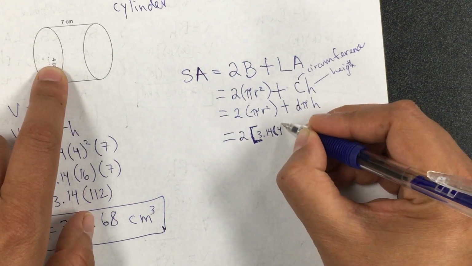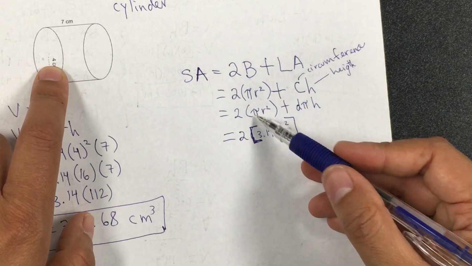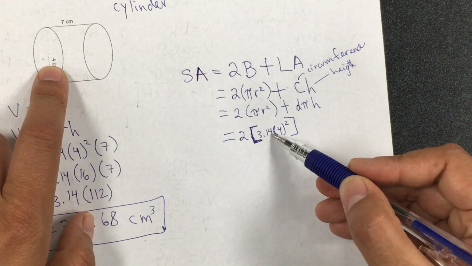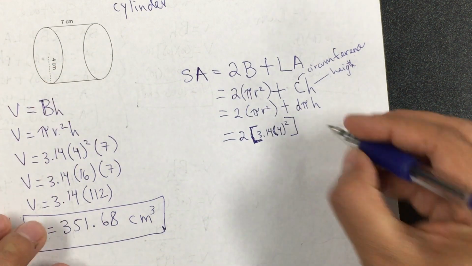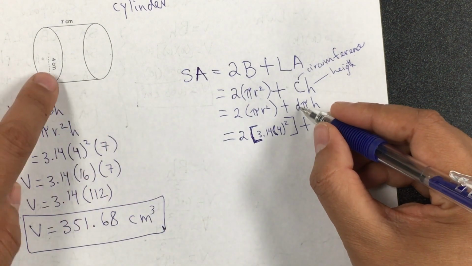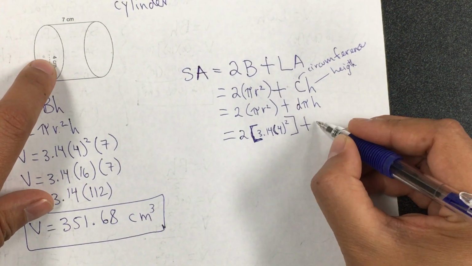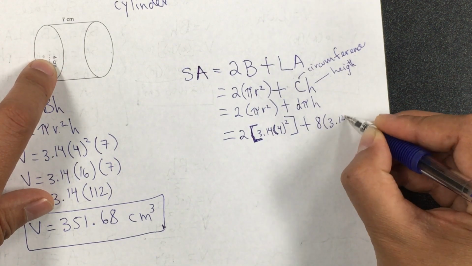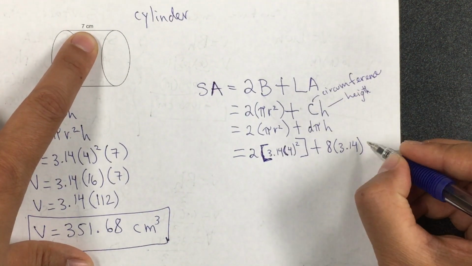This one we have the radius squared. So we just substitute pi by 3.14, the radius by 4, and squared, plus the diameter. If the radius is 4, then the diameter is going to be 8. Pi is going to be 3.14, and the height is 7.